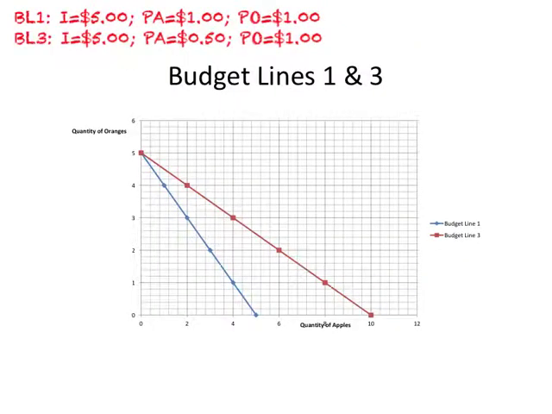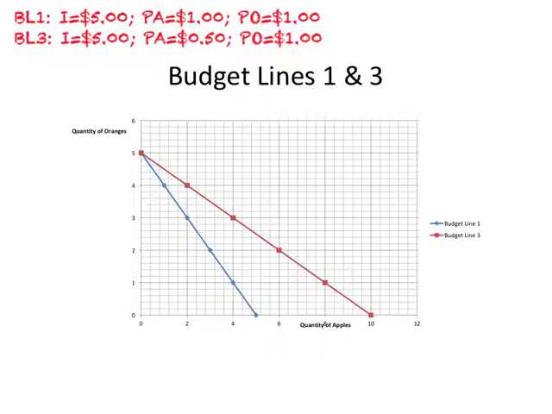Now let us compare budget line 3 to budget line 1. This blue line is still budget line 1. This red line is your budget line 3, and BL3 is based on this information. Income stays the same relative to BL1, price of an apple falls relative to BL1, and price of an orange stays the same.